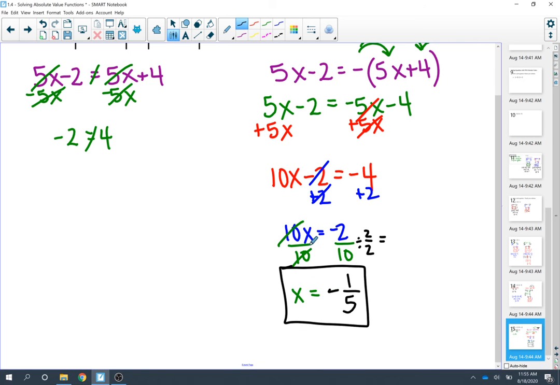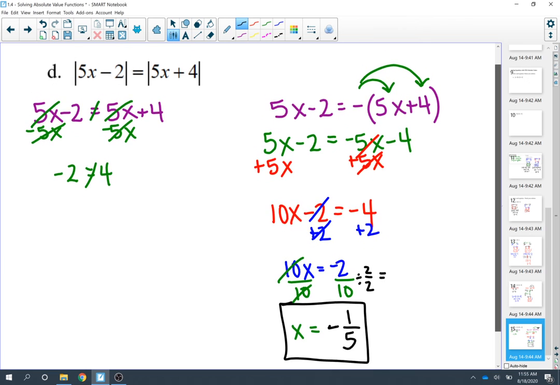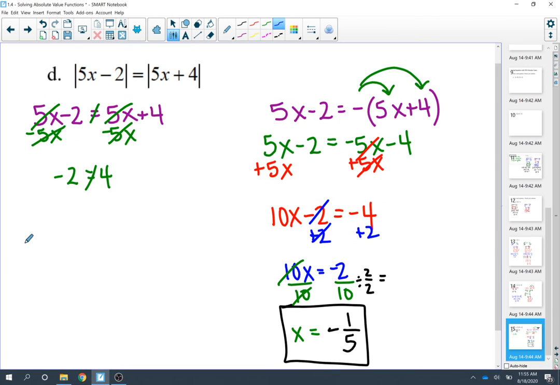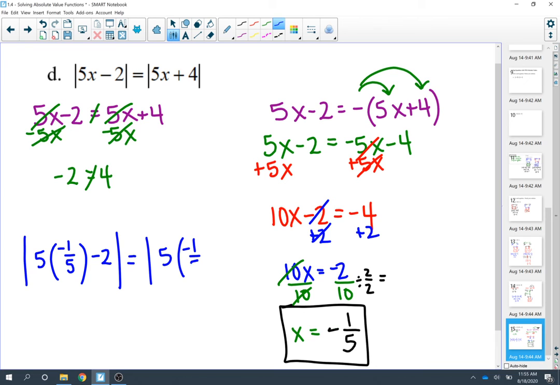Okay, now we have to substitute it back in and see if that works. So, absolute value of 5 times negative 1/5 minus 2 equals the absolute value of 5 times negative 1/5 plus 4.